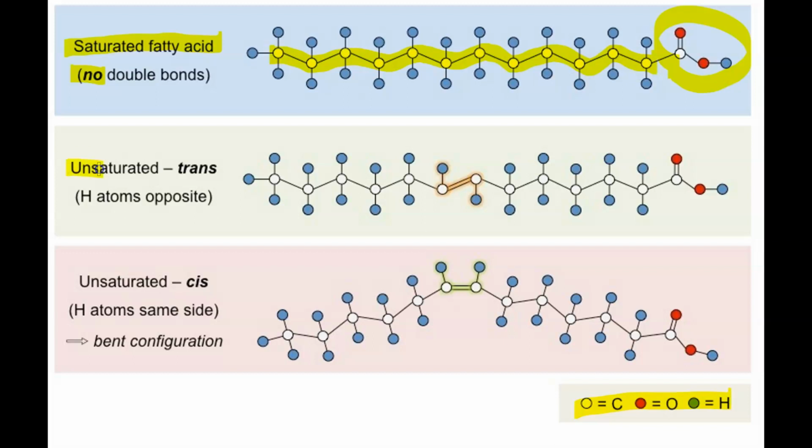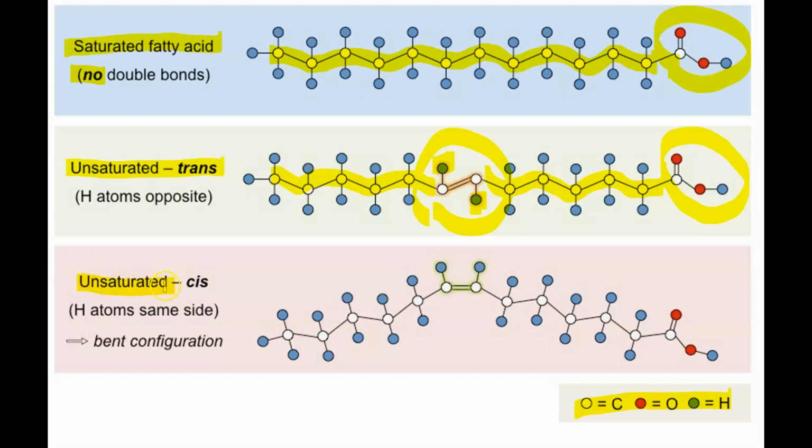My unsaturated trans, the bad fats, you can see right here. This is my hydrocarbon chain, and right there I've got my double bond. I've got my carboxyl group at the top, but at this double bond, notice that the hydrogens in blue are on opposite sides. They are simply transverse one another.